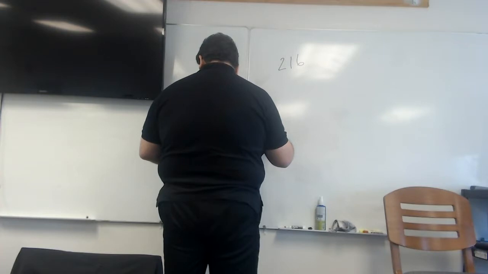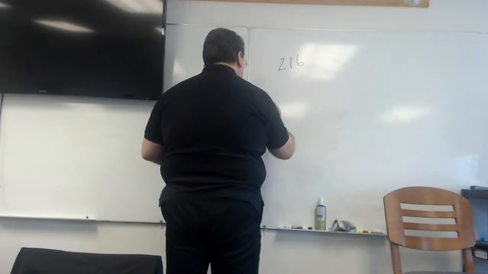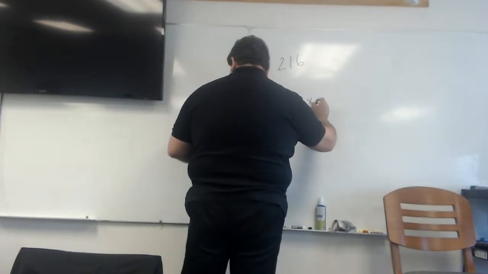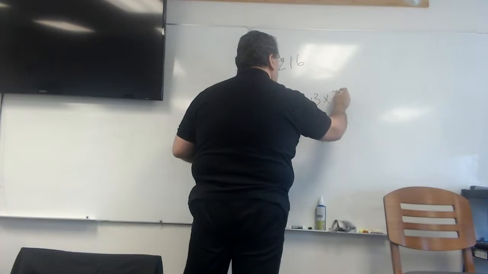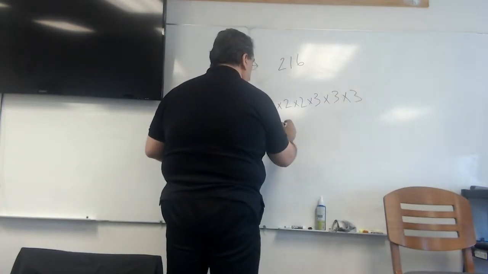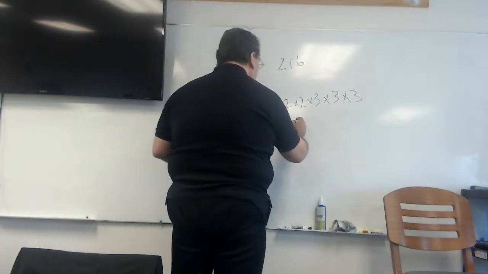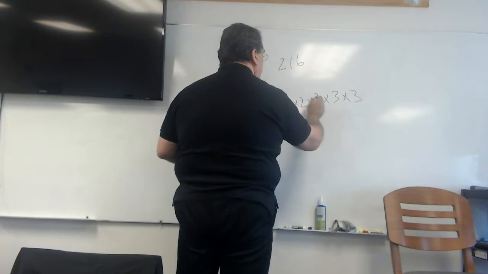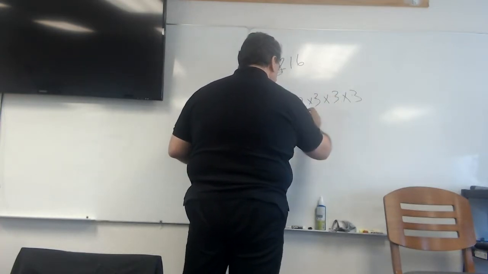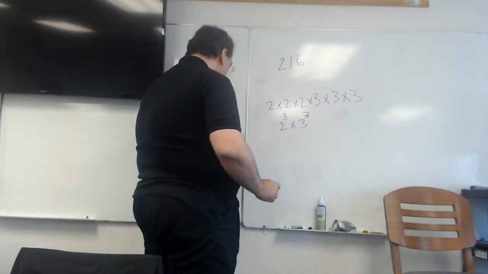We find it's a product of 2 times 2 times 2 times 3 times 3 times 3, which can be written as 2 to the power of 3, because it appears 3 times, times 3 to the power of 3.